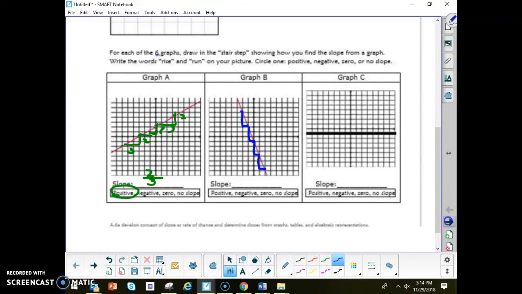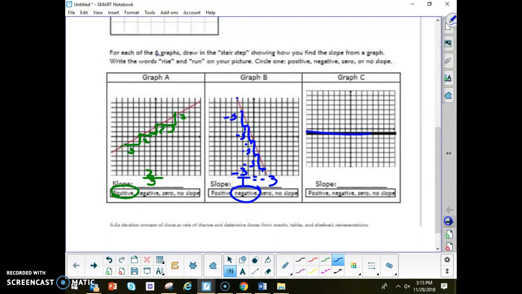And this is going down 3 and over 1, down 3 and over 1, and so on. So my slope is a negative 3 over 1, which gives me a negative 3, which is a negative slope. And it's going down from left to right.